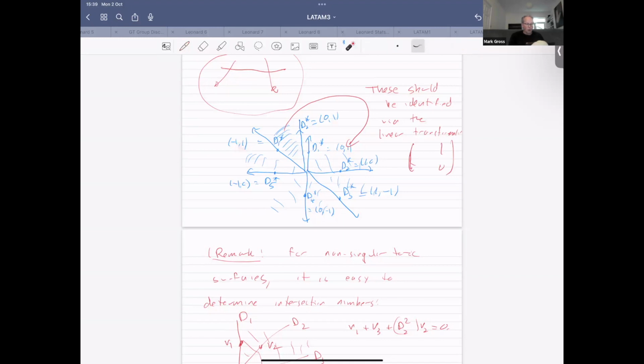And -1, 1 should be mapped to 0, 1, which means I should have a 1, -1 here. So this linear transformation I've just written down, if I've done it correctly, sends -1, 1 to 0, 1, and sends 0, 1 to 1, 0. So it identifies this cone with this cone.